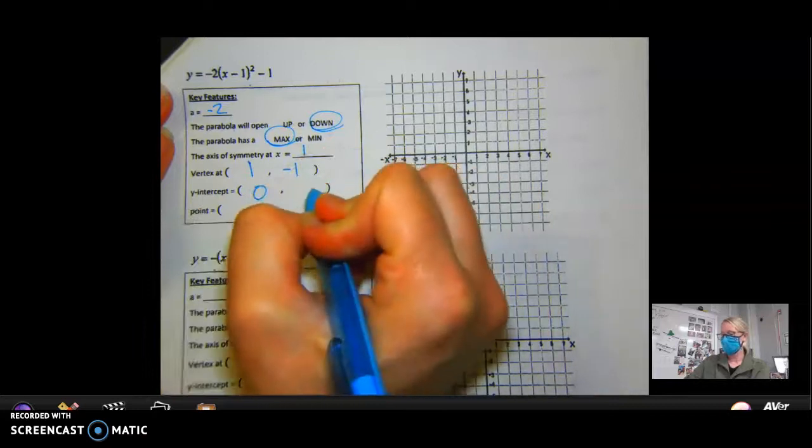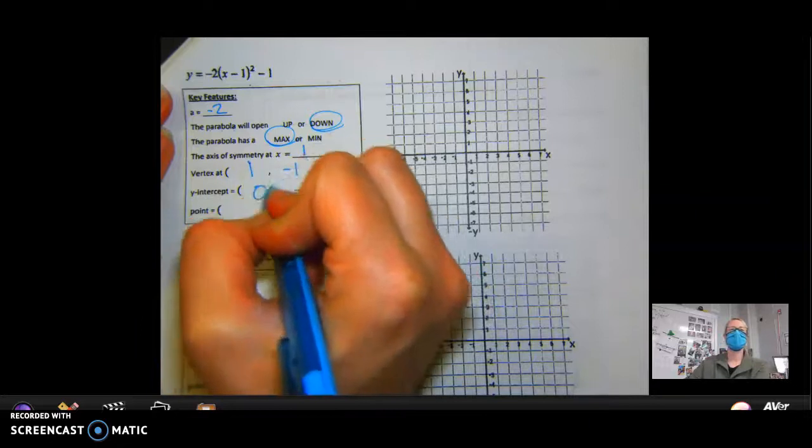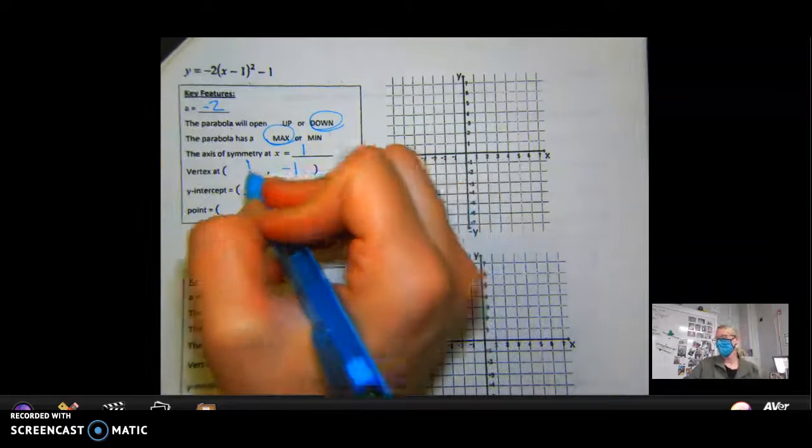Y-intercept is 0. So there's not a number in between, and my expectation wouldn't be that you would do a decimal number.